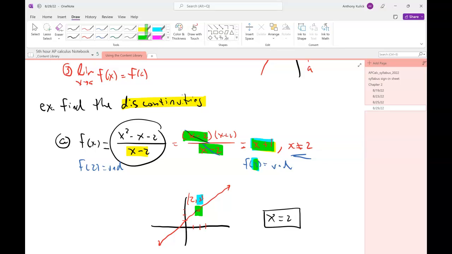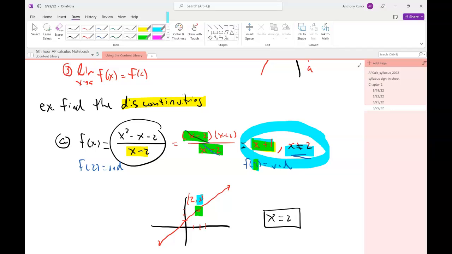So the sneaky thing here is remembering that even though you've reduced this, 2 is not in the domain. It's very easy to just reduce that and make it equal to x plus 1 and go, oh, sure, if I plug 2 into x plus 1, I get 3, and I can take the limit as x approaches 2 of that.